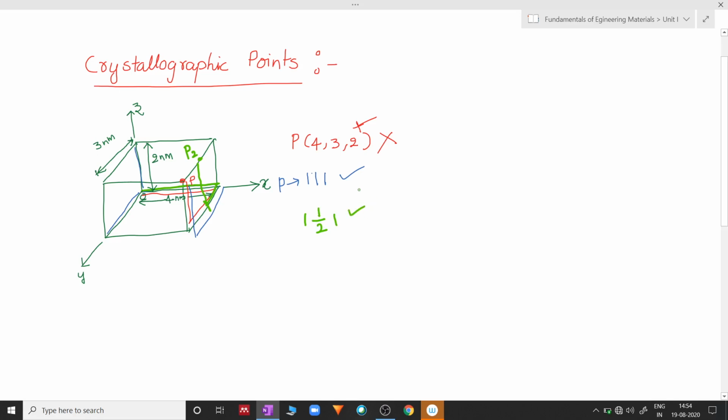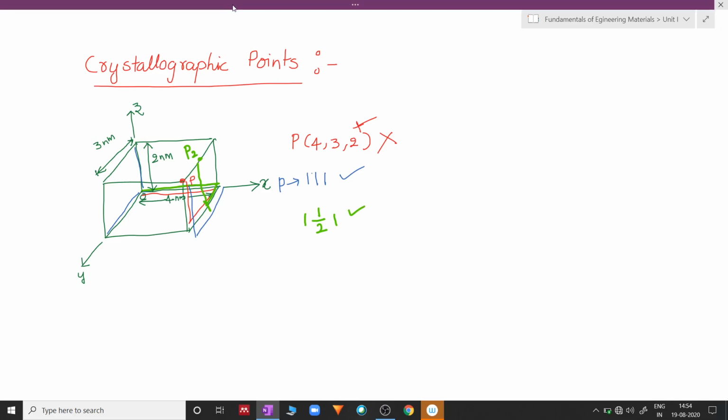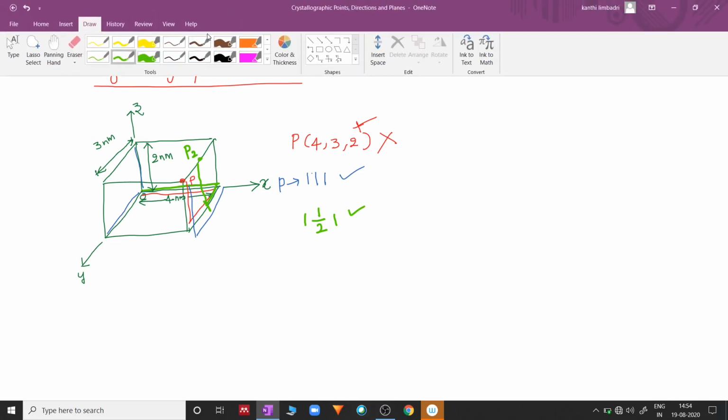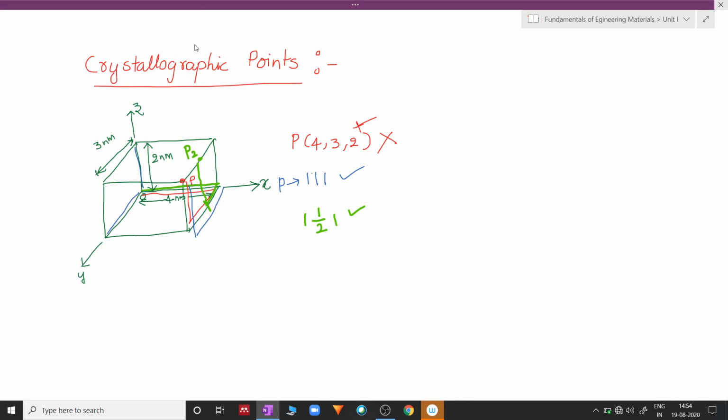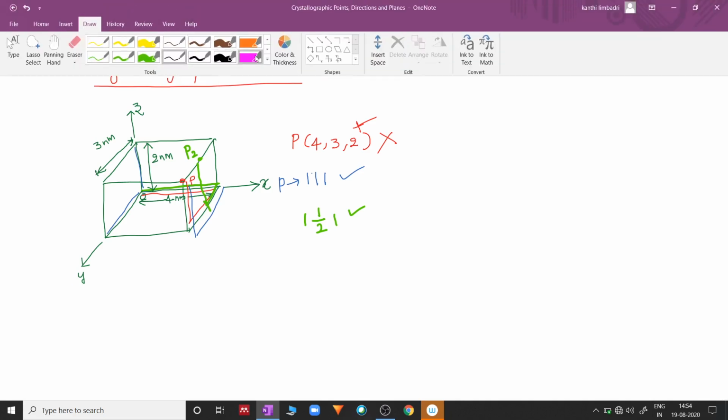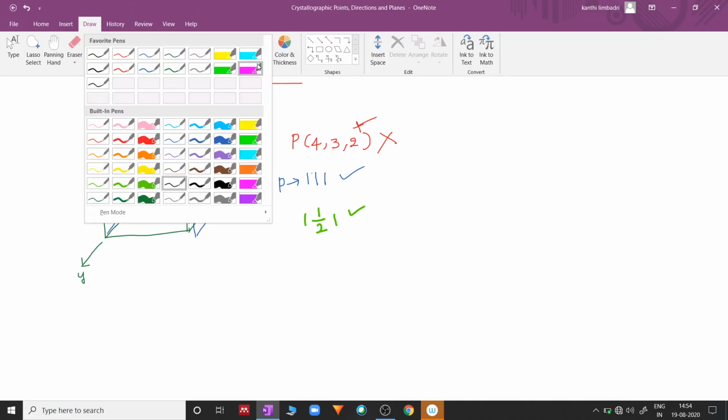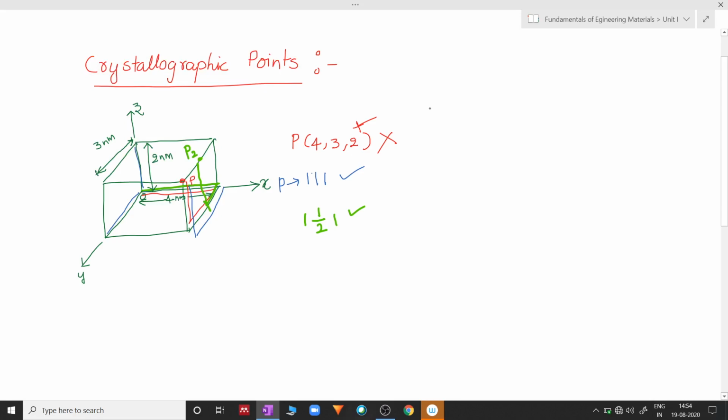Now let us try to define what the crystallographic points mean.